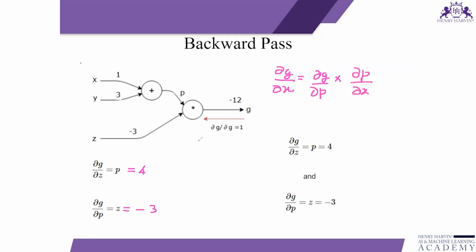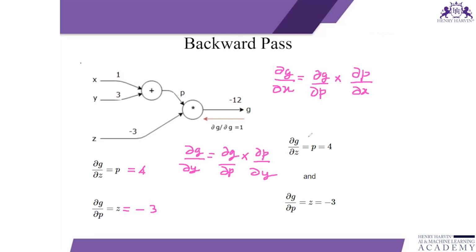Similarly, if I try to get dou G by dou Y, I can write it as dou G by dou P into dou P by dou Y, right? So just substitute the answers over here. Dou G by dou P is nothing but minus 3. And what is dou P by dou X?